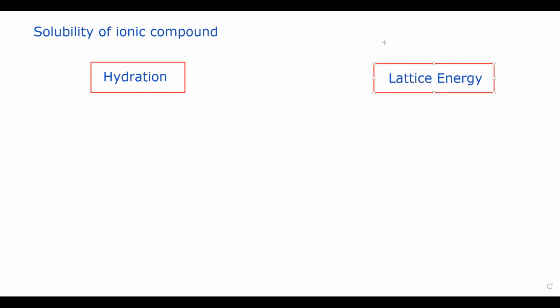What is the hydration energy? Hydration energy means when ions are surrounded by water molecules, or water molecules tend to form a bond with the ions, so they release energy. We call that hydration energy. For example, we have a sodium ion.